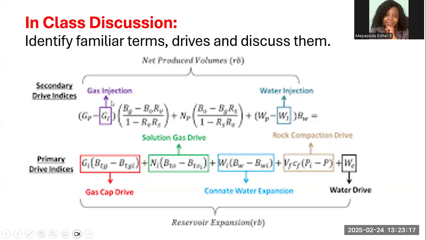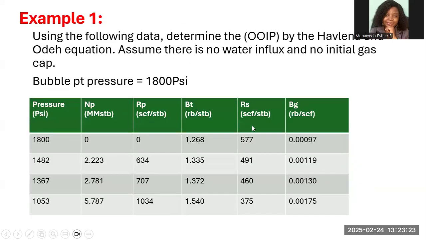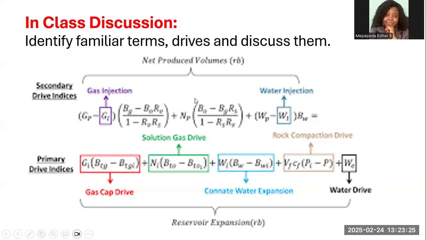Each of these expressions is the same thing as your equations 25 and 26. In some texts you could find a bit of differences, but looking closely at them, they're actually the same. Cf, don't forget, is the rock compressibility, and Pi minus P is your dP.